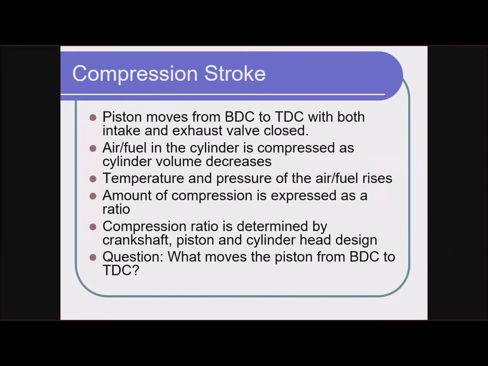And some pistons are domed a little bit, so the top of the piston is up into that space in the cylinder head, really squeezing the space down to nothing. So if I have a low compression engine, it might have a dished out piston. If I have a high compression engine, it might have a domed piston, and anything in between might just be a flat top.